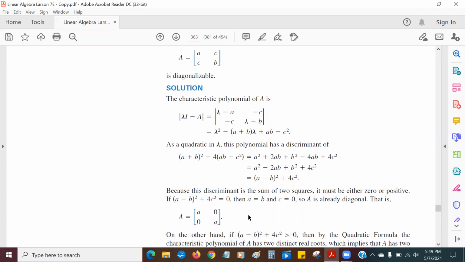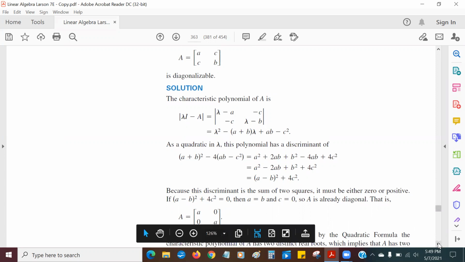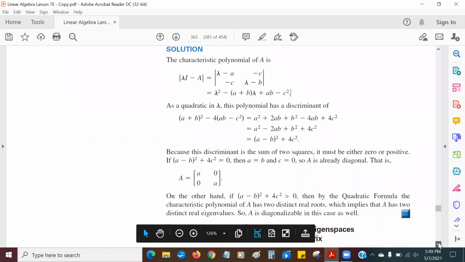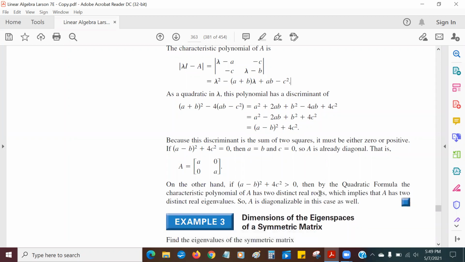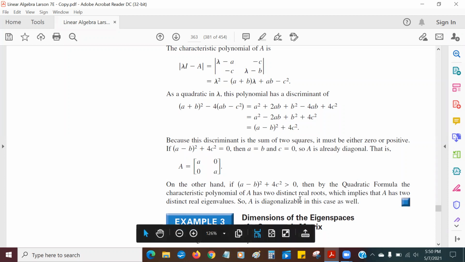What if the discriminant is greater than 0? Well, if (A minus B) squared plus 4C squared is greater than 0, then we all know that in the quadratic formula, if the number inside the square root is greater than 0, that means the quadratic has two distinct real roots.